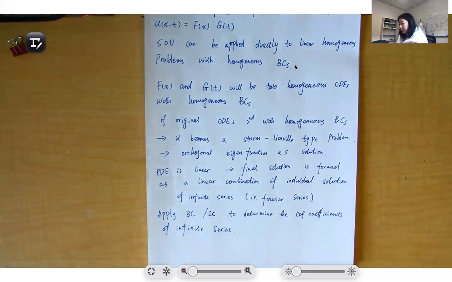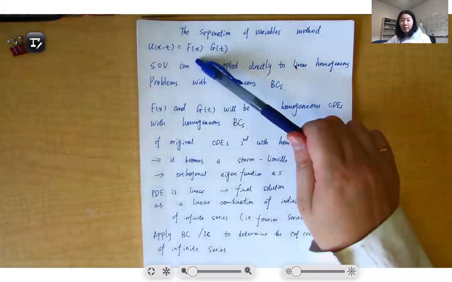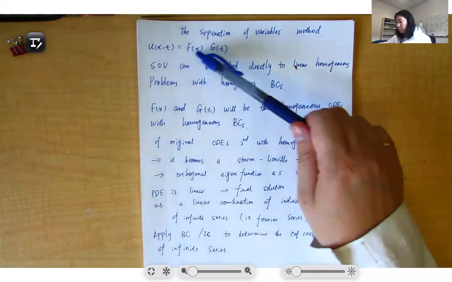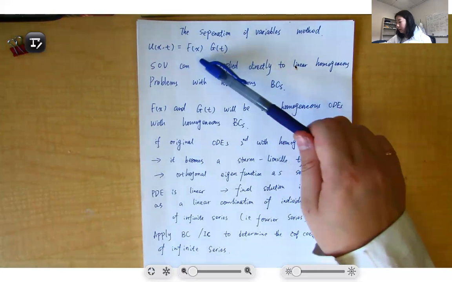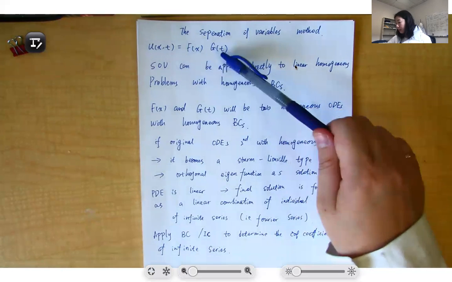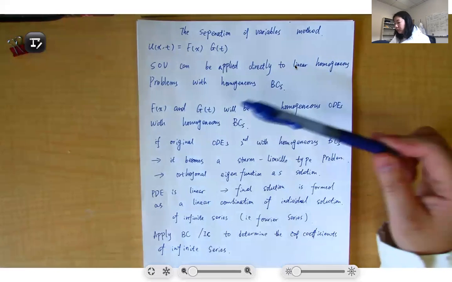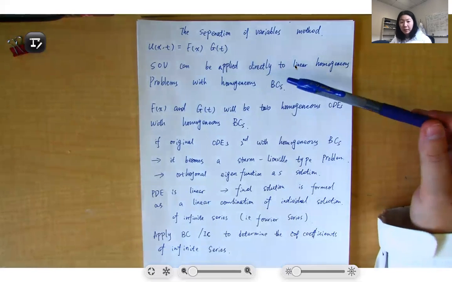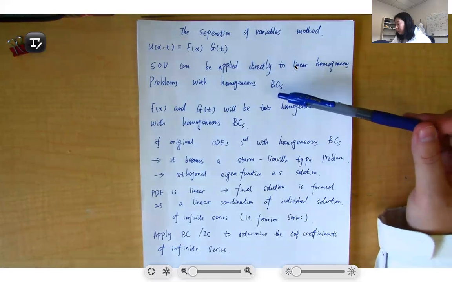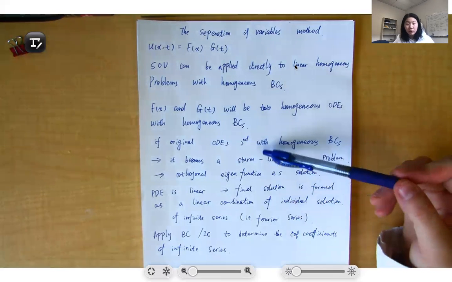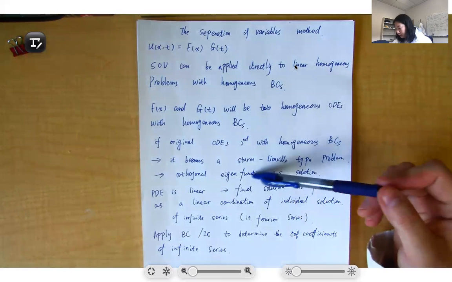You will first separate it into a product of two functions. The two functions will each depend only on either x or t. Then since this SOV can apply to a homogeneous PDE with homogeneous boundary conditions, after the separation, this f(x) and g(t) will become homogeneous ODEs with homogeneous boundary conditions.